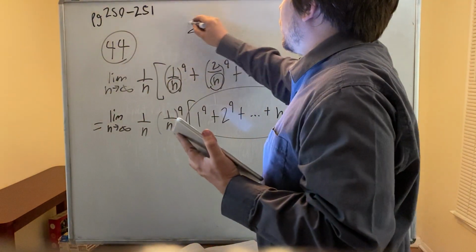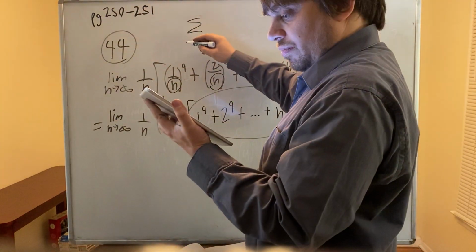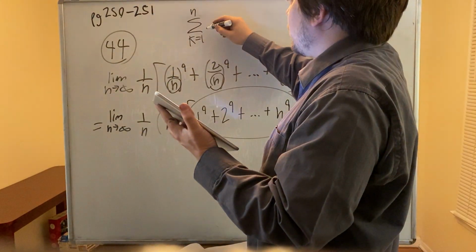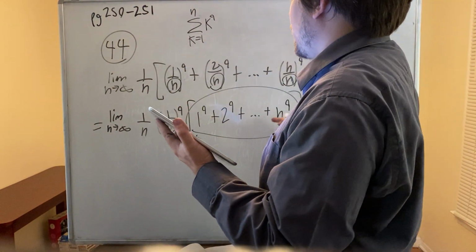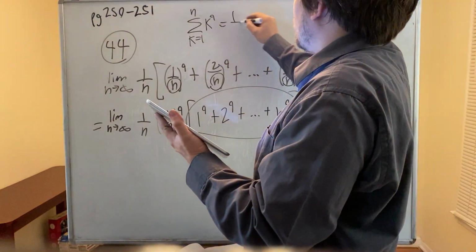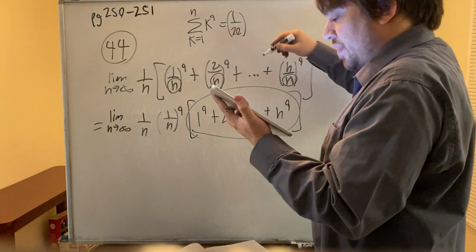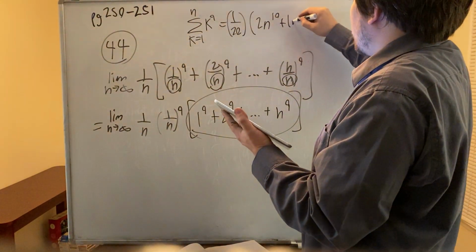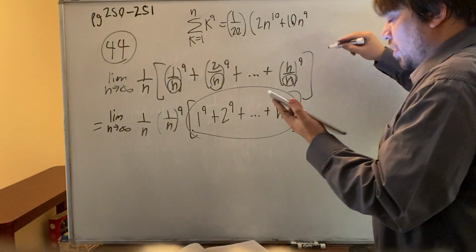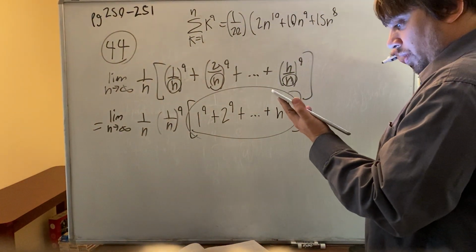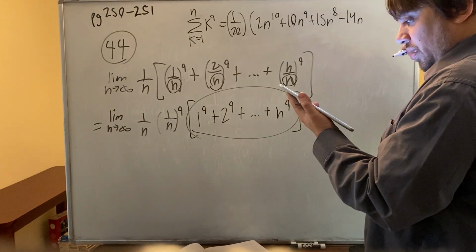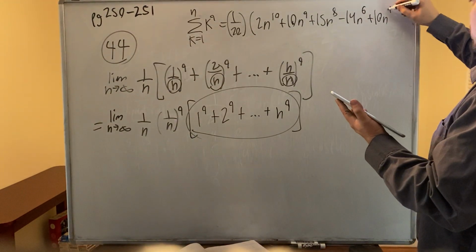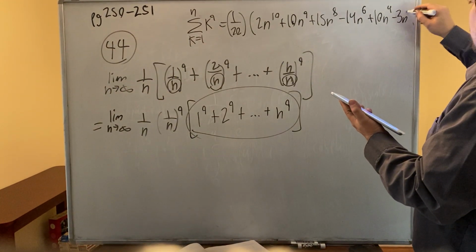The sum from k equals 1 to n of k to the 9th power is equal to 1 over 20 times 2n to the 10th power plus 10n to the 9th power plus 15n to the 8th power minus 14n to the 6th power plus 10n to the 4th power minus 3n squared.